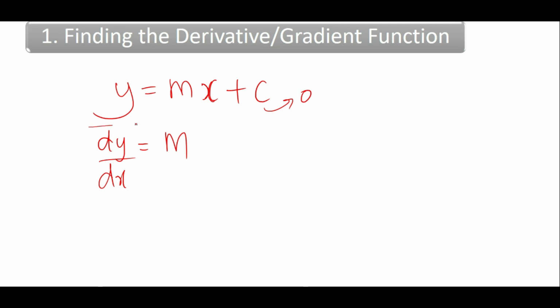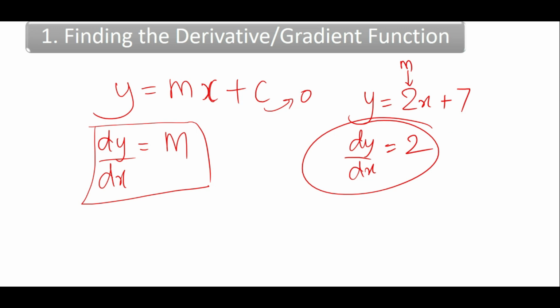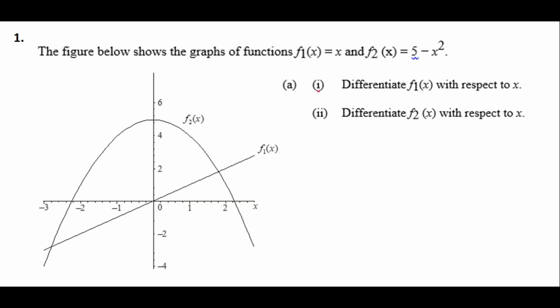So in that case, it is pretty right to say that the first derivative gives the gradient of the function. If you want to see, let me put it in numbers, 2x plus 7, so dy by dx is going to be 2, which is the gradient which you have learned in the previous lessons from the straight line equations.